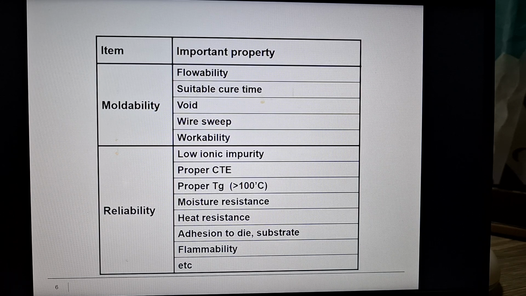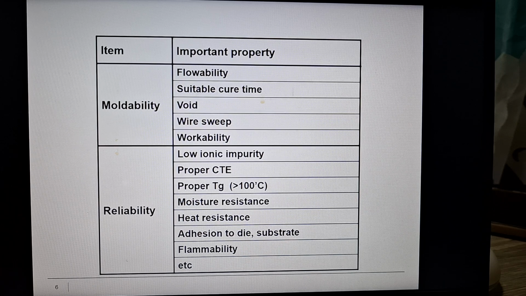So now I'm talking about how to judge whether the process is okay or acceptable. It goes with the form, fit, and function of the intended process.